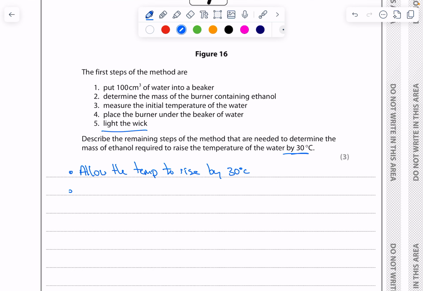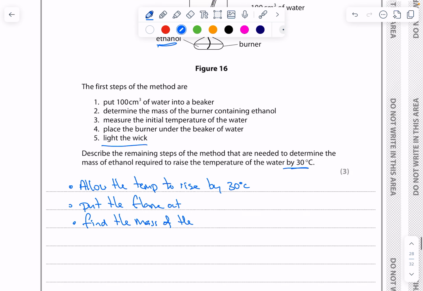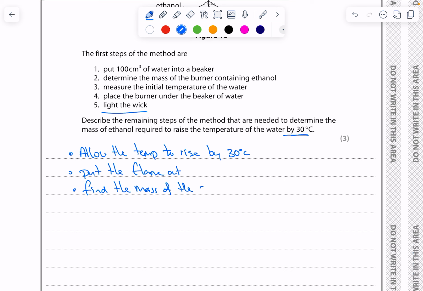Once you've got that 30 degrees, you would put the flame out, and then you would find the mass of, if they called it a spirit burner, yep, find the mass of the spirit burner, and then you would calculate the change in mass to get the difference between the two.